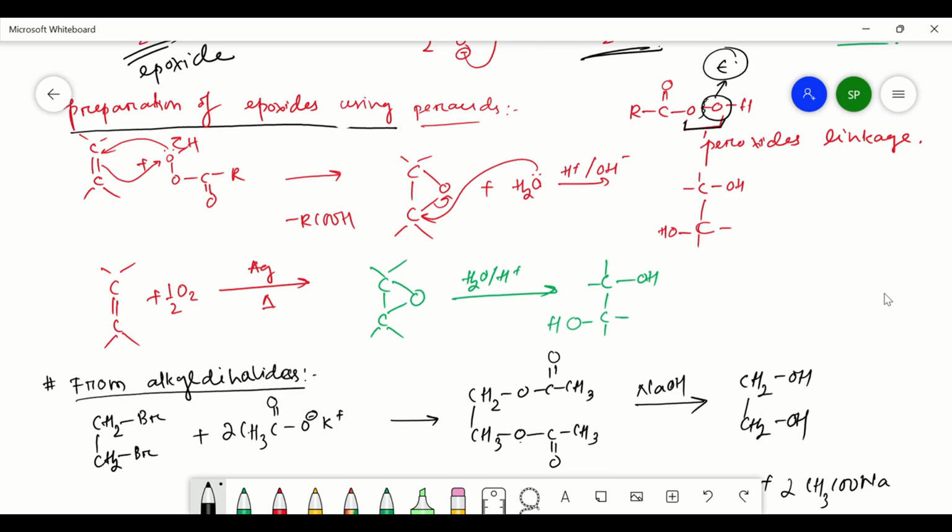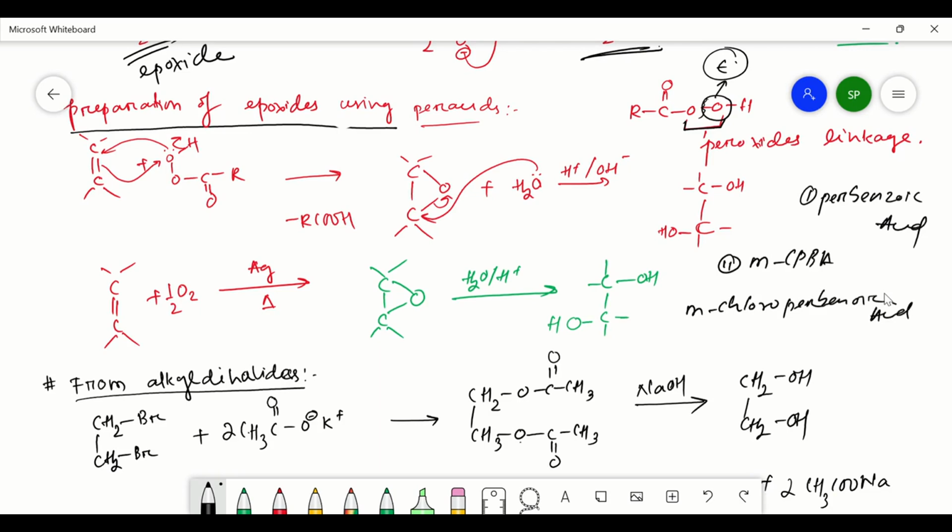Now there are two peracids generally used. The first one is perbenzoic acid, and the second one is mCPBA, that means meta-chloroperbenzoic acid.